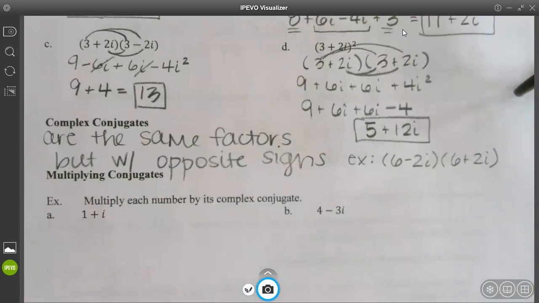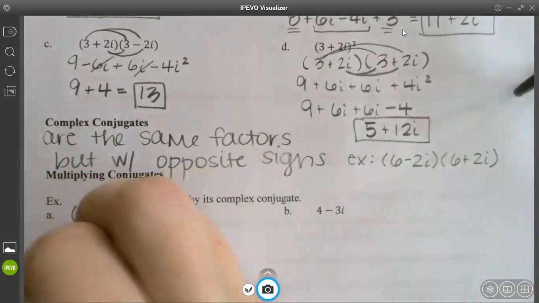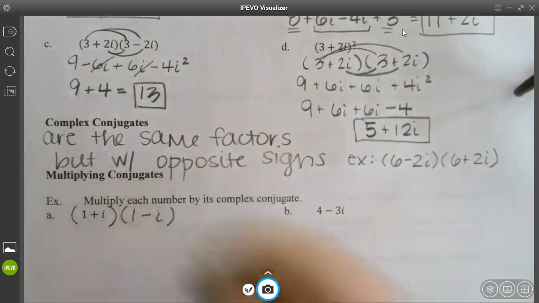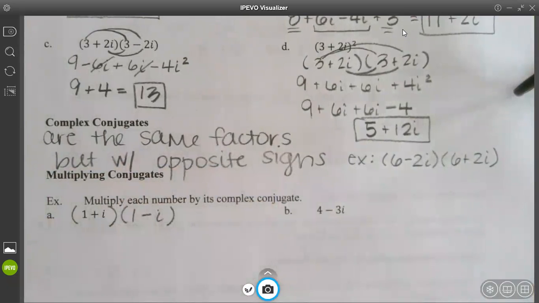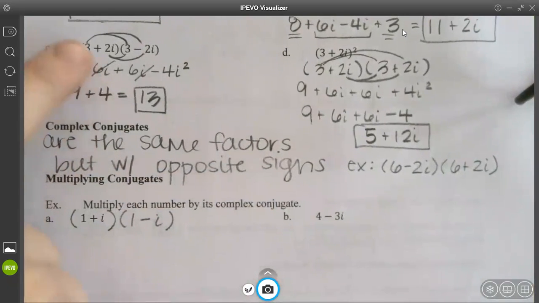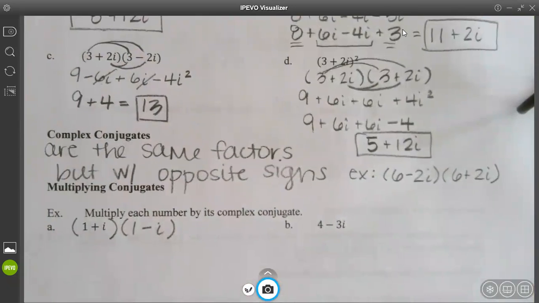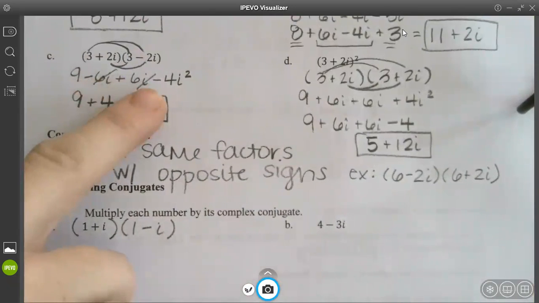Multiply each number by its complex conjugate. So we're going to multiply 1 plus i times what? 1 minus i. What happened up here when we had a plus and a minus? It just cancels the middle out, right?